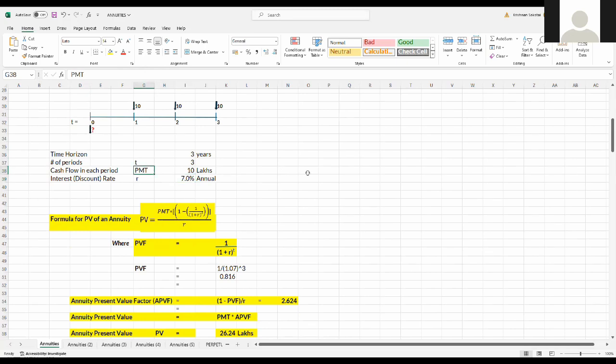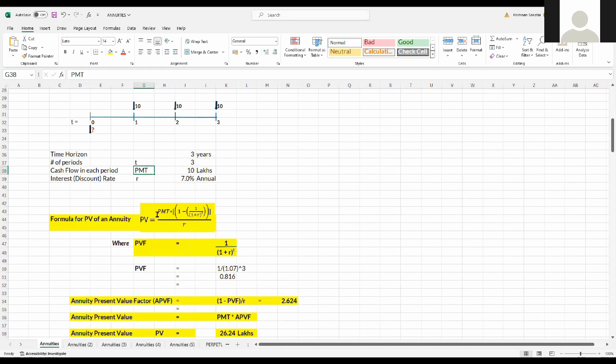This is equivalent to a cash flow. In standard annuity problems, the cash flow occurring in each of the periods is denoted as PMT. Of course, you can denote them as anything, but conventionally we denote it as PMT.